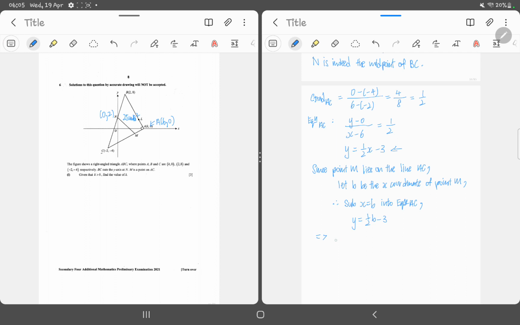This means that point M has the coordinates B and 1 over 2 B minus 3.